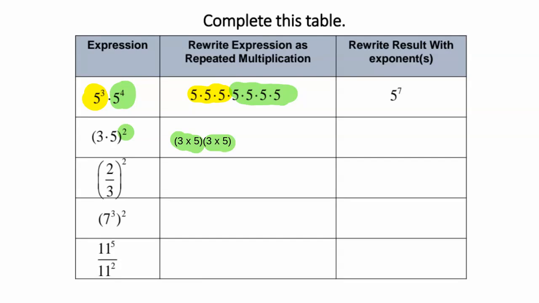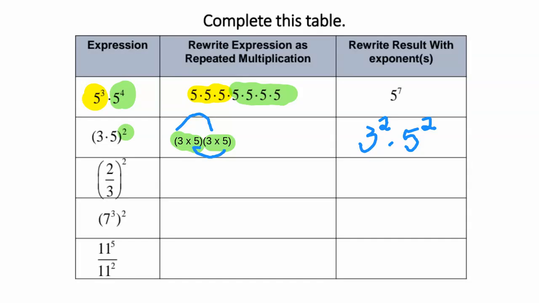Well, this now means 3 to the power of 2 times 5 to the power of 2. We have 2 3s and 2 5s. That is repeated multiplication. So the result is 3 squared times 5 squared.